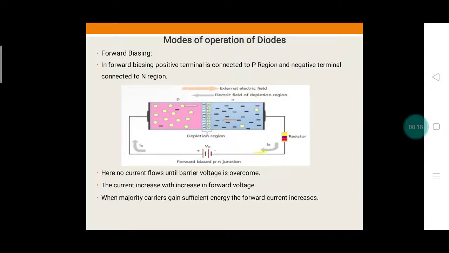Similarly, the negative terminal with the n-type causes movement of majority carriers towards the depletion region, and this causes the depletion region to contract. The depletion region will shrink, and whenever it shrinks, it will cause conduction.